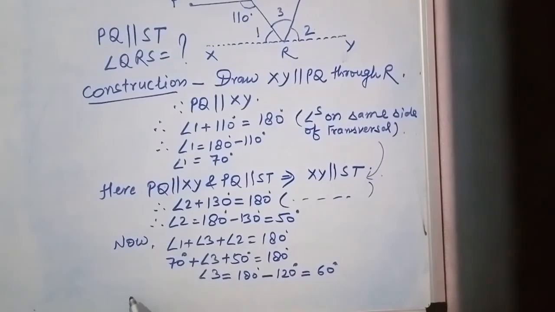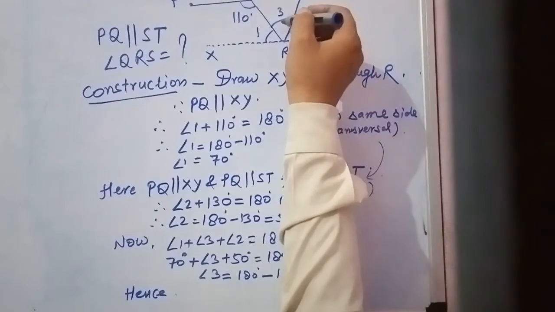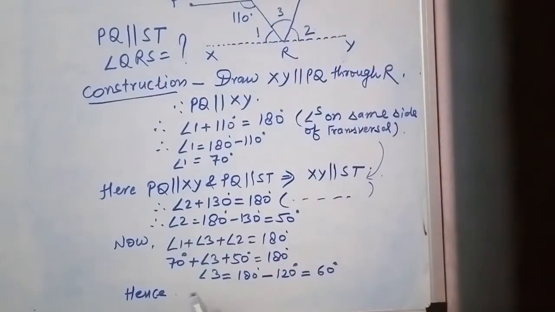Hence angle 3 indicates angle QRS. So angle QRS equals 60 degrees, which is the required answer.